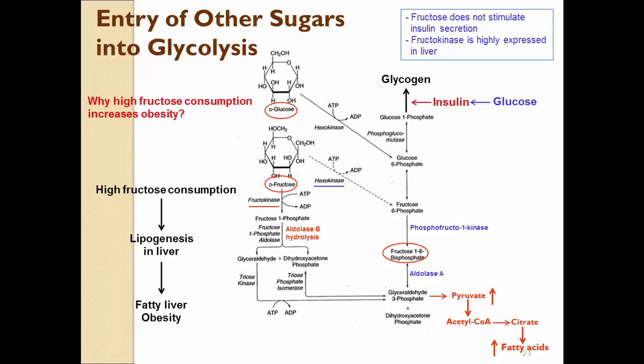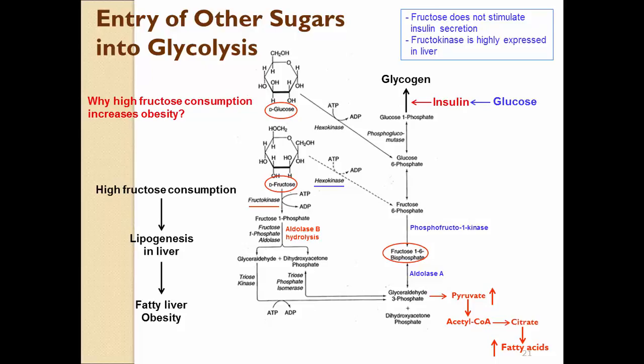And the other reason is that fructose will not stimulate insulin release, right? Insulin is an important hormone that can stimulate glycogen synthesis. So with glucose, if it's metabolized, the other pathway can also be used, particularly fructose 1-phosphate can be used for glycogen synthesis.